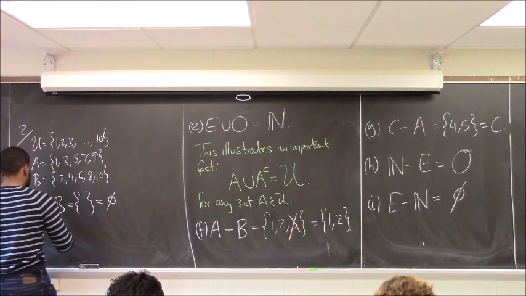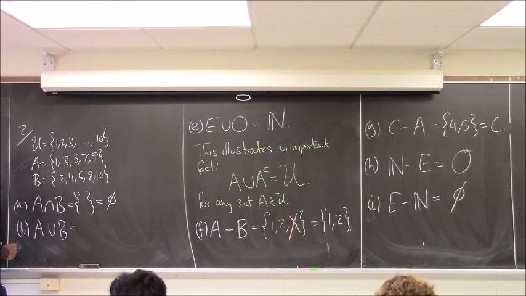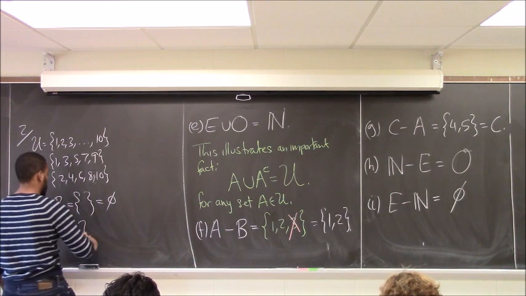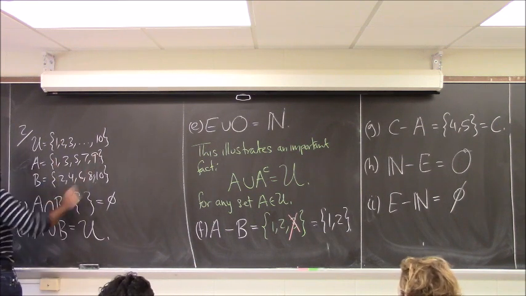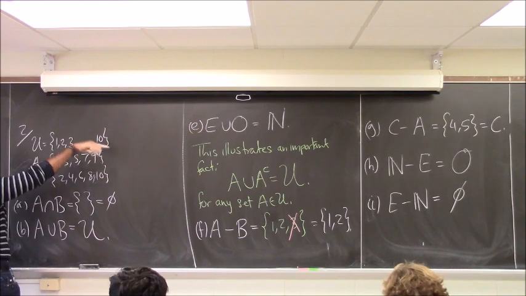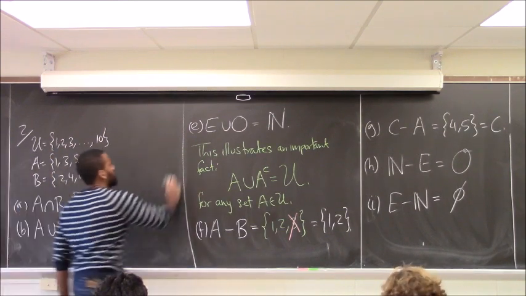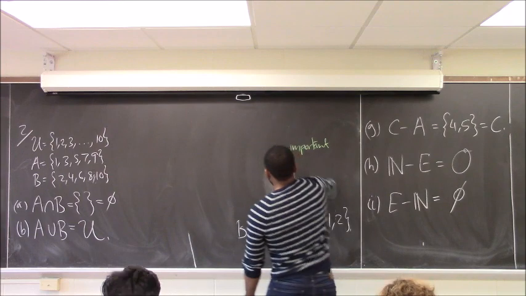A union B. It's the universe. If I collect everyone that's in here or here, I actually create everybody. I have the set of everybody.